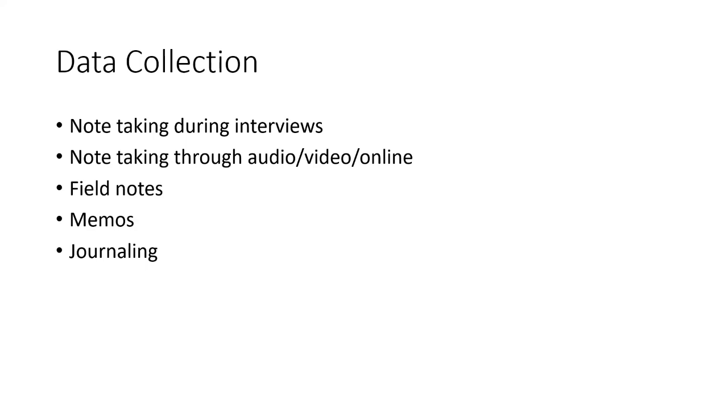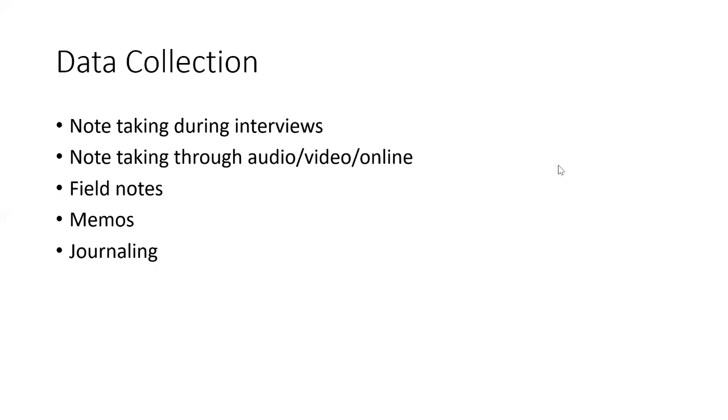The third one is online. Sometimes online interviewing is done in the field visit. It can be done through chat or email based on the people whom we are interacting with. This involves a strong disadvantage, mainly because there is a lack of direct communication or connection with our participants. The next thing is memos.